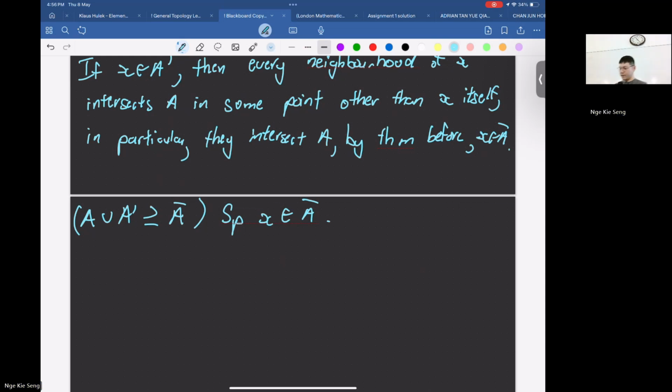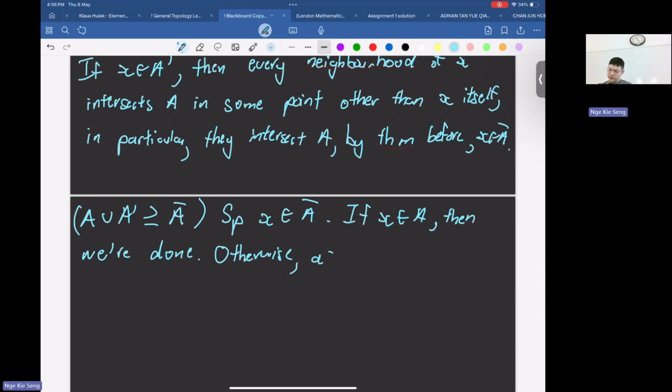If x is already in A, then we are done. So either in A or not in A; you can only be in one of the cases. If it is in A, it's done. Otherwise, assume x is not in A.